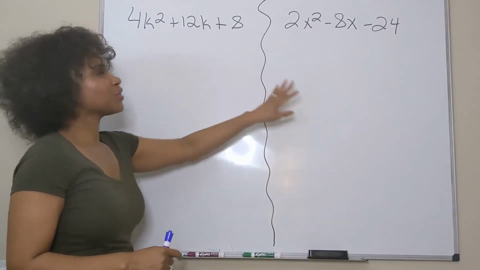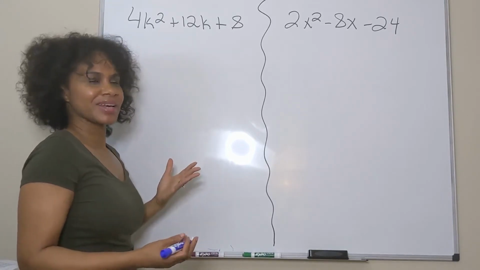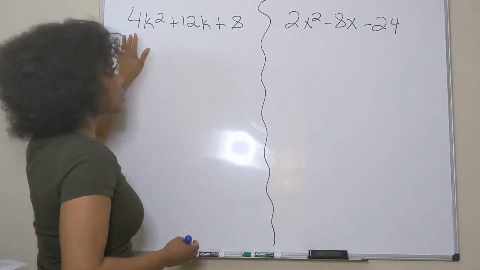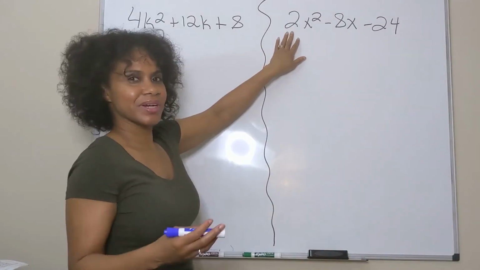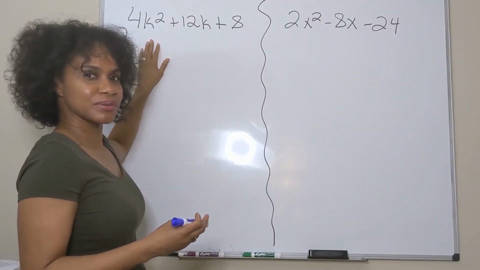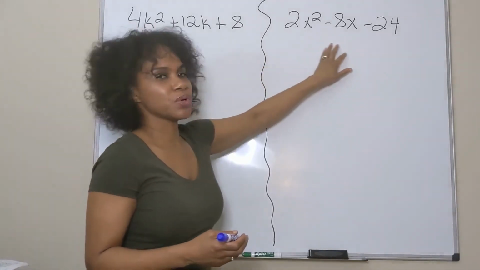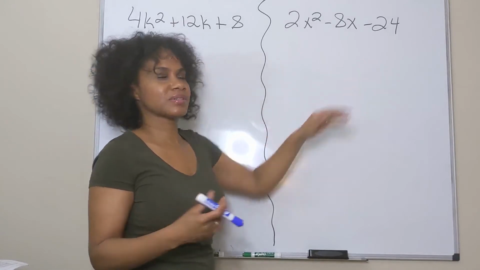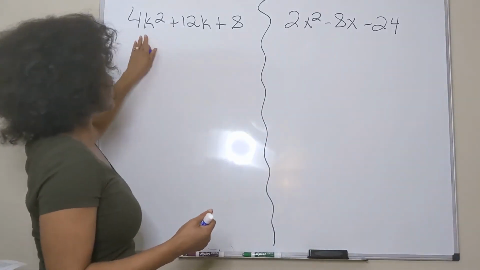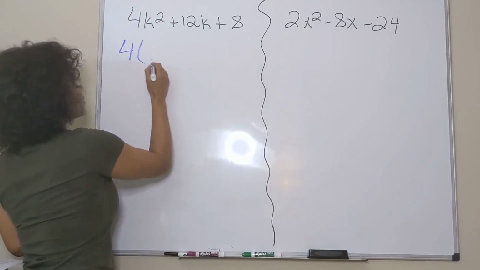Okay, so I want to just show you 2 more problems with factoring these expressions. If you notice here, you have a number in front of your x squared term, or your squared term. All right. So one thing you want to do is always check to see if you have a greatest common factor between all three of your terms first. So right here, between these three terms, I have a greatest common factor of 4.